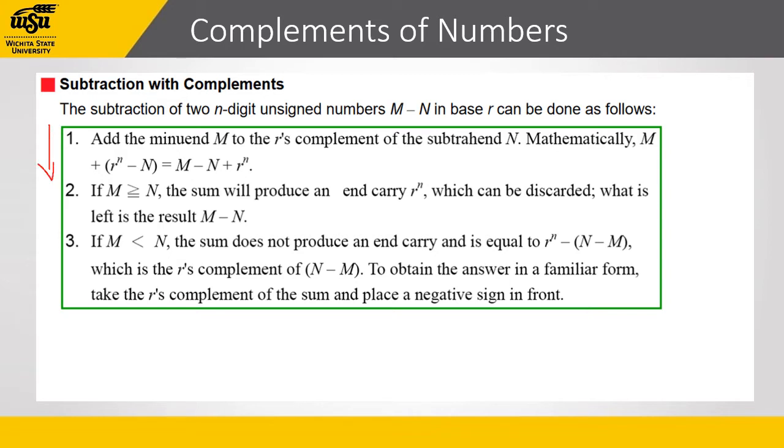So to do this subtraction of two n-digit unsigned numbers, M minus N, we can follow these steps. First we add the minuend M to the r's complement of the subtrahend N, using this equation. In case M is greater than or equal to N, this summation will result in an end carry equal to r to the power n, which we can easily discard, and we will be left with M minus N. In case M is less than N, this summation does not produce an end carry and will be equal to the r's complement of this number.